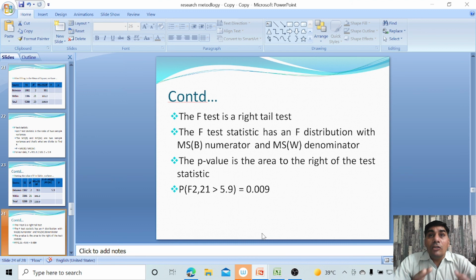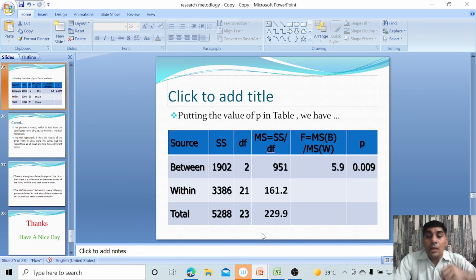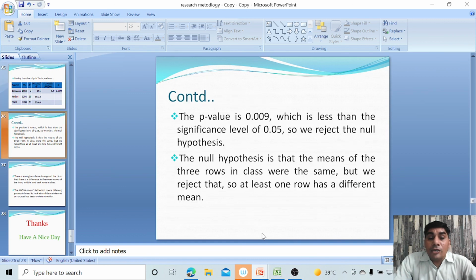The P value is found by software as 0.09 when we put the degrees of freedom 2 between the groups and 21 within the group, and the F value 5.9. We put the value of P in this table and conclude.